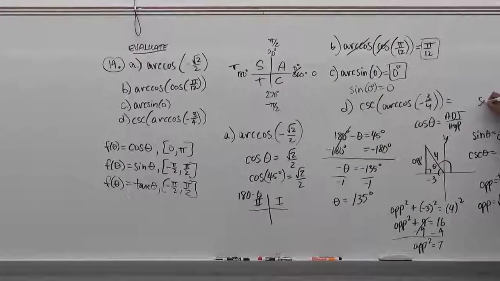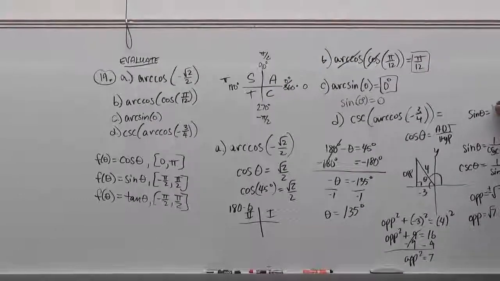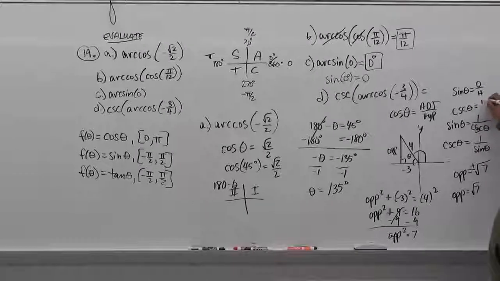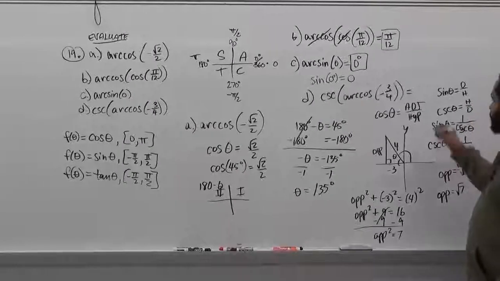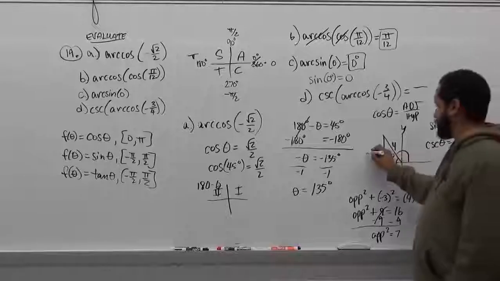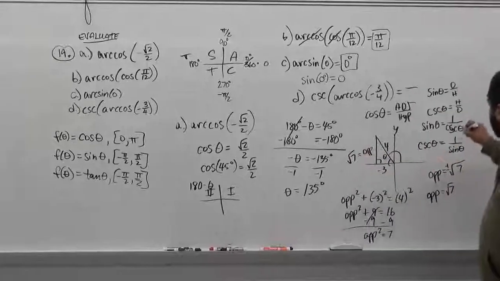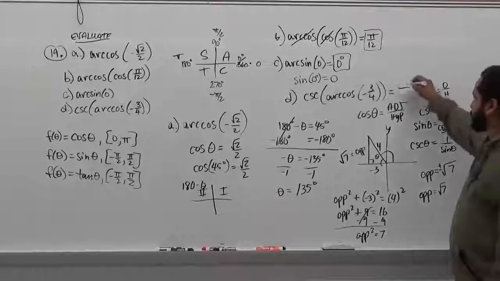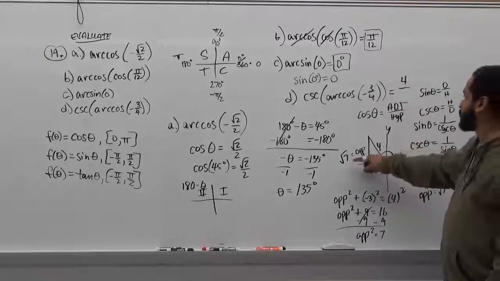And sine, again, is opposite over hypotenuse. So cosecant of theta is hypotenuse over opposite. Our opposite, again, is radical 7, and it's positive, so we have the numerator here being the hypotenuse, which is 4, over the square root of 7.